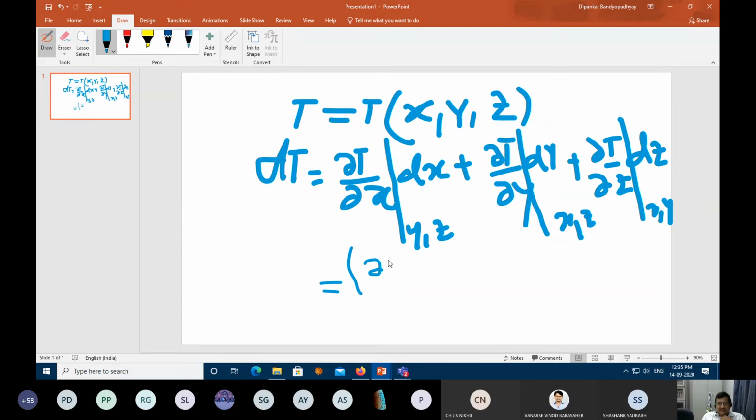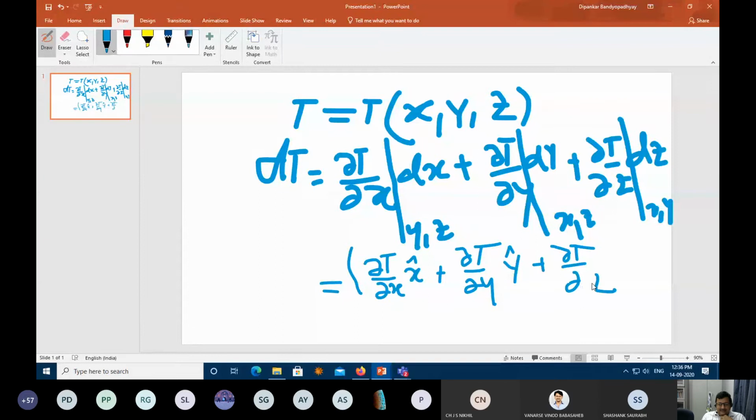One is del T by del x into x cap, plus del T by del y into y cap, plus del T by del z into z cap. This is your which part? This is the gradient part.